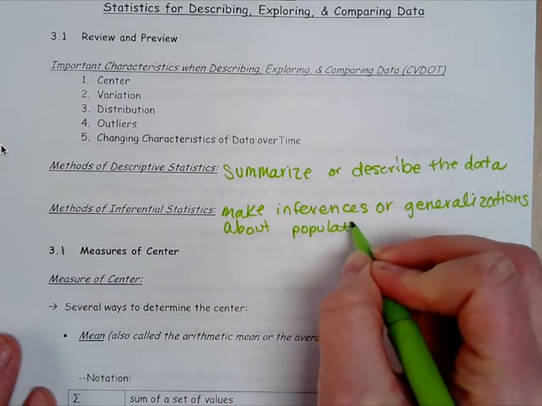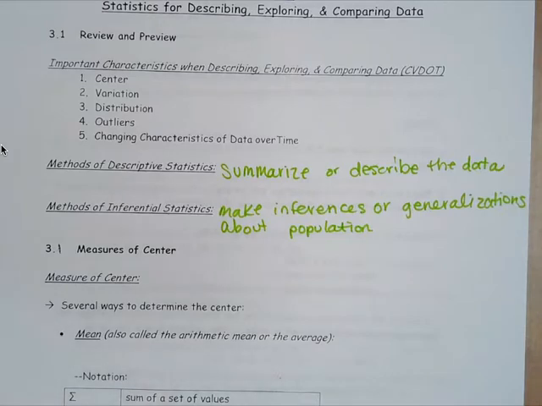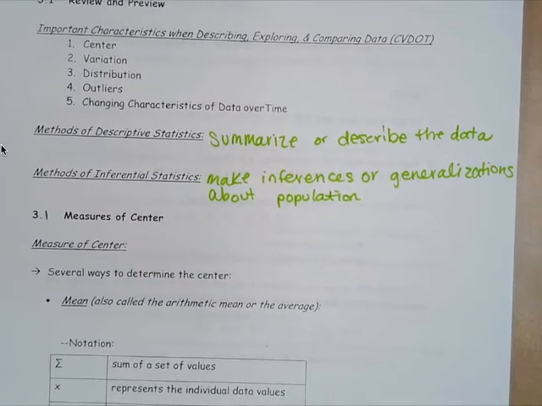So you're making a prediction about the population. It's not always easy to find all the data for a certain population, so we use samples. And then we can use the sample data to make inferences or generalizations about the population.